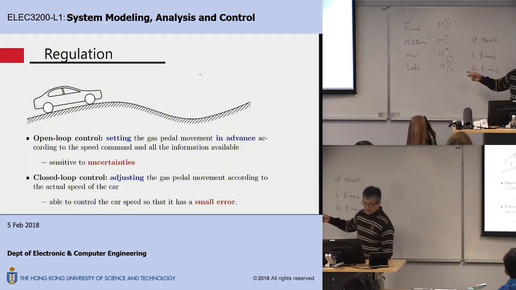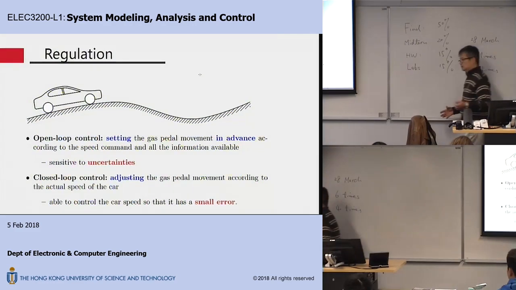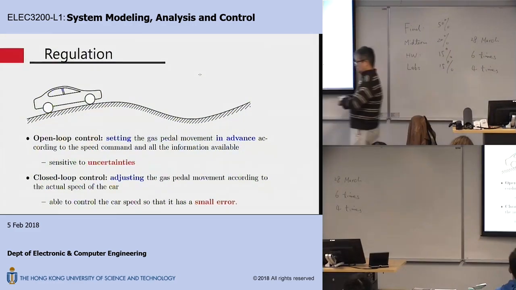So in this case, you may ask, what's the difference between regulation and stabilization? The main difference is that now we have an external command. A control system in all of our applications is supposed to follow an external command.